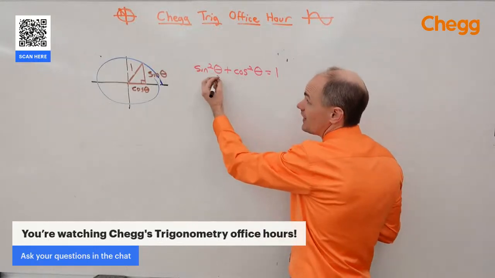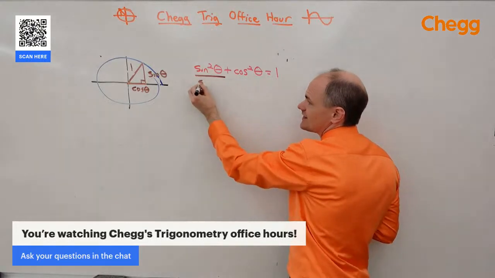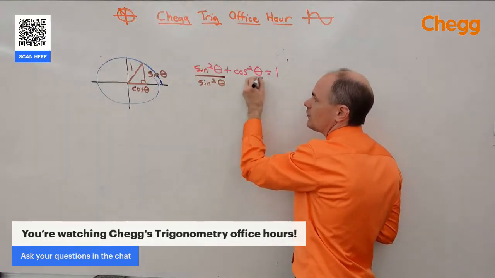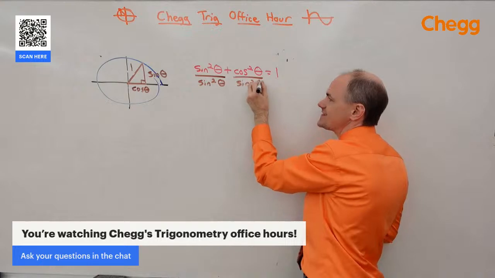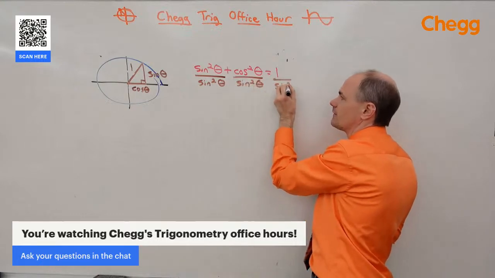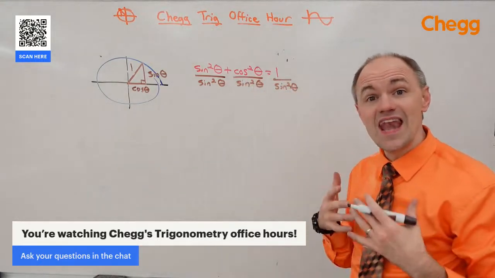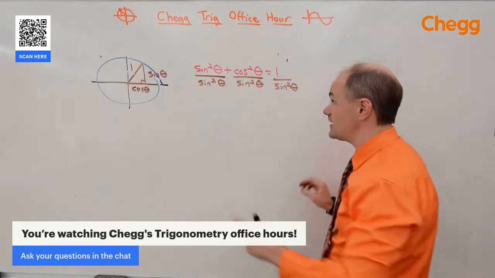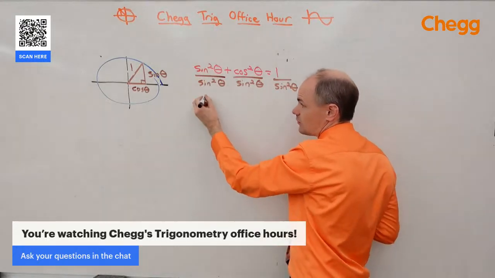If I were to go through and divide each of these by sine squared, all the way across, we'll divide by sine squared. It's going to give me another Pythagorean identity because sine squared divided by sine squared is 1.